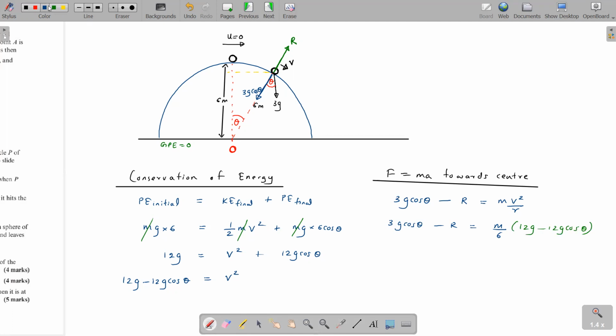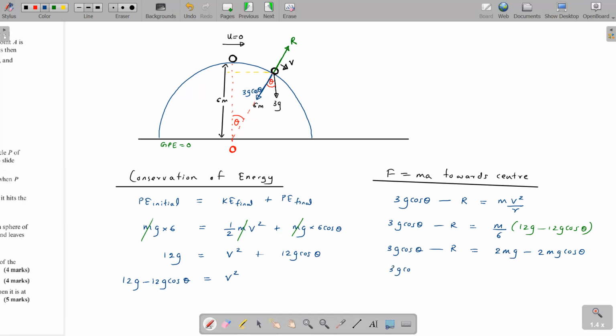So anyway, let's substitute. 3g cos theta minus R. Here m times 12 and 6 cancel, so you get here 2mg. Here also 12 and 6 cancel, you get 2mg cos theta, because you expand the bracket m over 6 with both the parts, right? M over 6 into 12g is 2mg, m over 6 into minus 12g cos theta is minus 2mg cos theta. Make R the subject, and we need to input the m value, right?